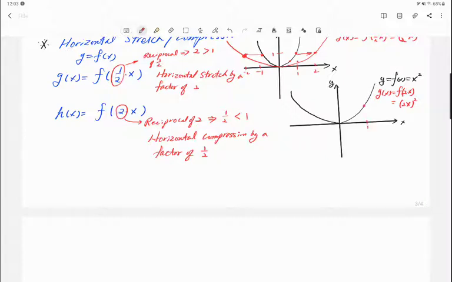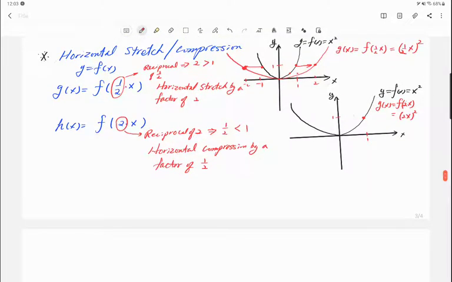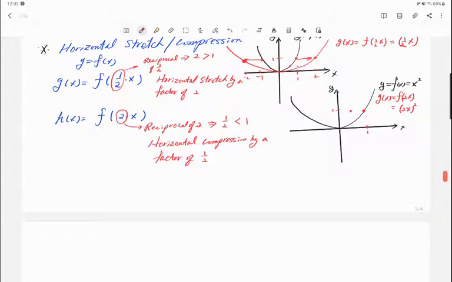So if x equals 1, then y is 1. The horizontal compression by 1/2 means the horizontal distance is multiplied by 1/2. So it becomes 1/2, right? So this one comes over here, and this one comes in half like this.